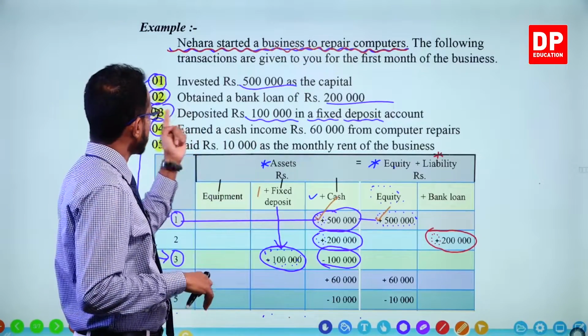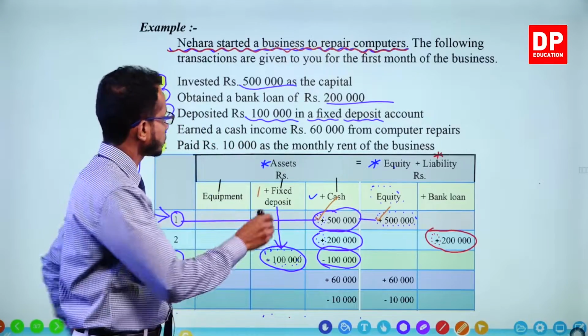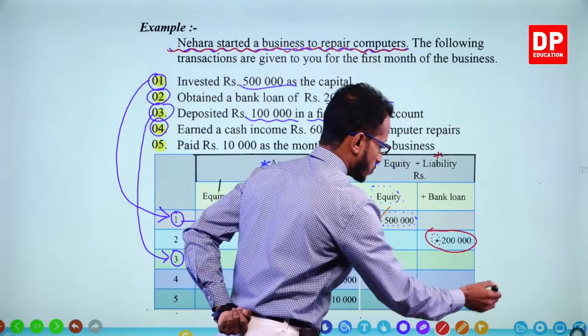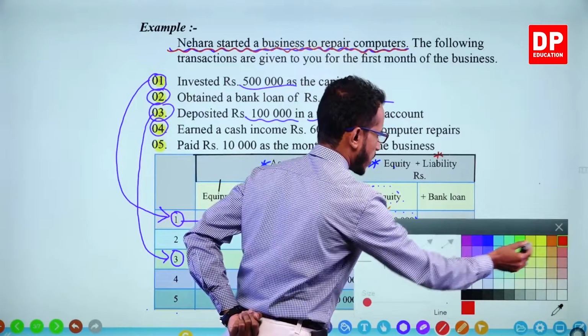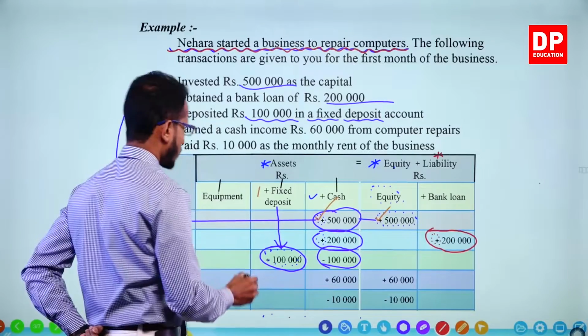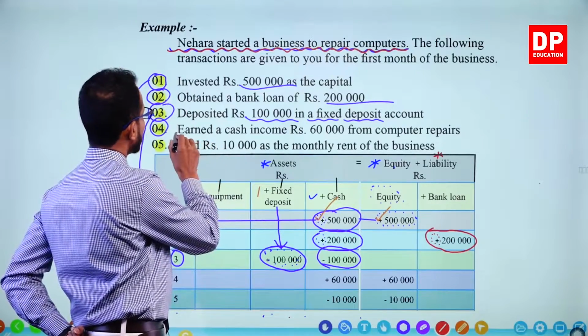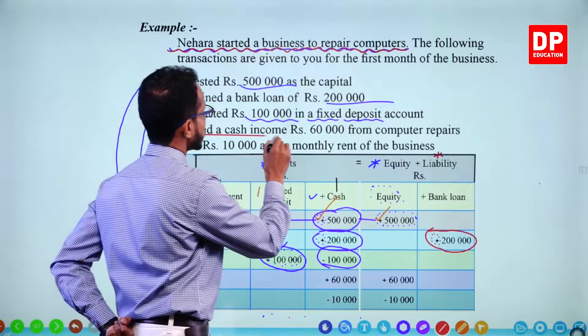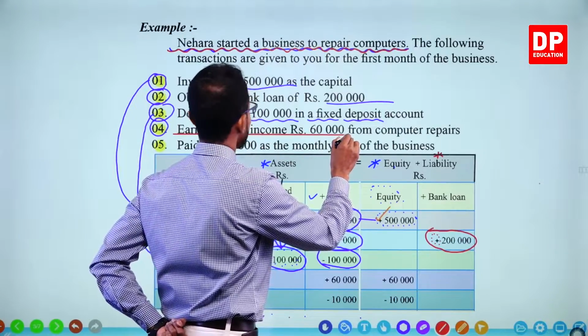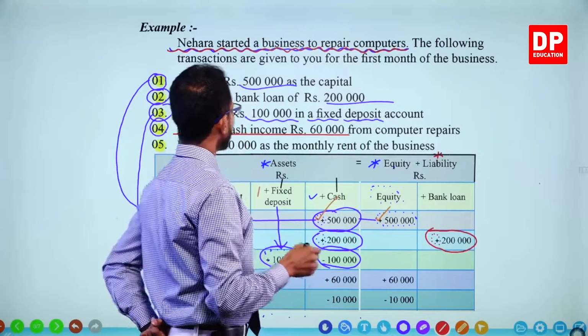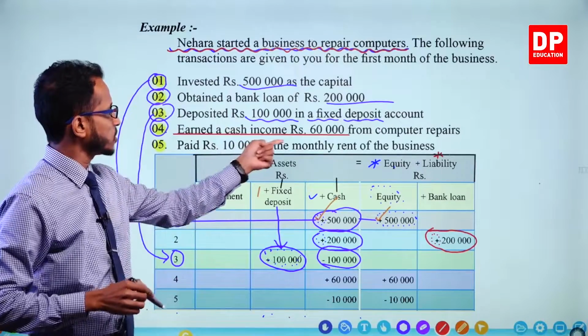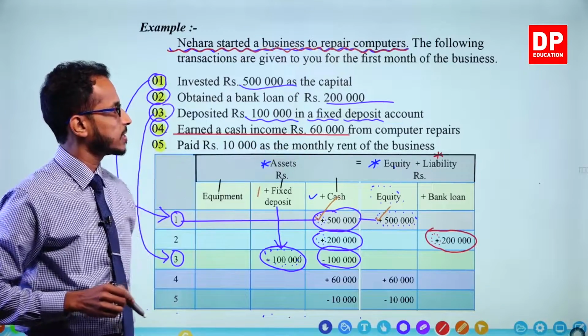What she has done is she has earned a cash income. She has gone to an office or a company or anywhere where her service was needed, and she has provided a service, and she has earned a cash income of 60,000.